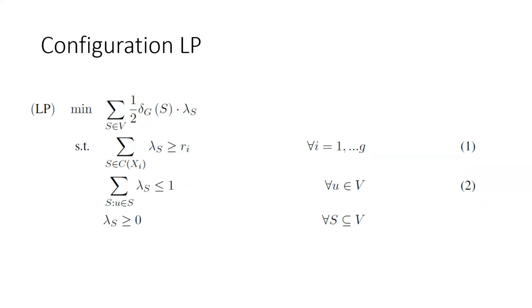Now let's look at the constraints we have here. The constraints here are used to make sure of two goals. One is that we pick enough cuts, and the second one is that they are not overlapping with each other.